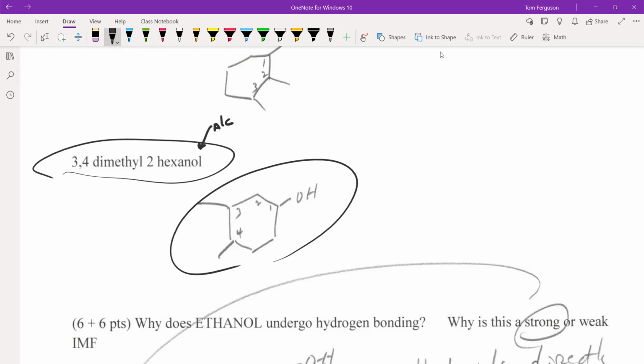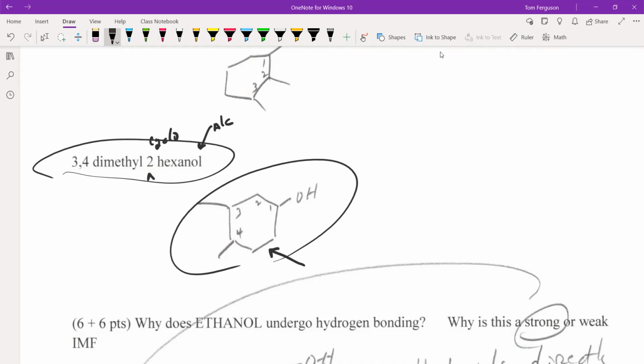No. What is this? Should it be 1-hexanol? Okay. This is a cyclic cyclohexanol, cyclic. And if this was going to be, they'd have to have a cyclo in there.